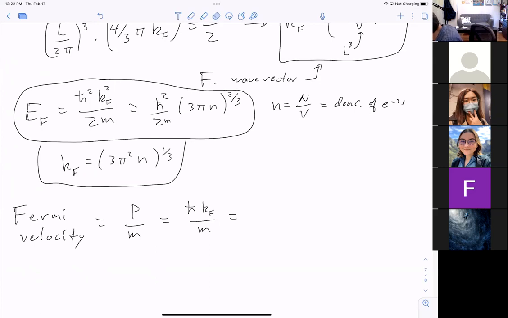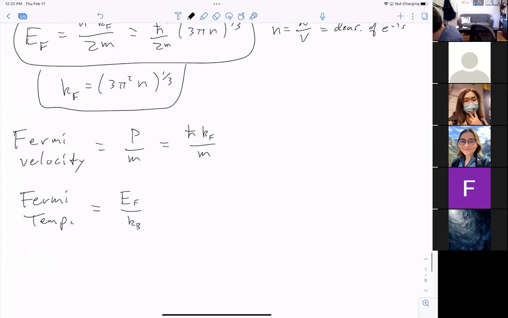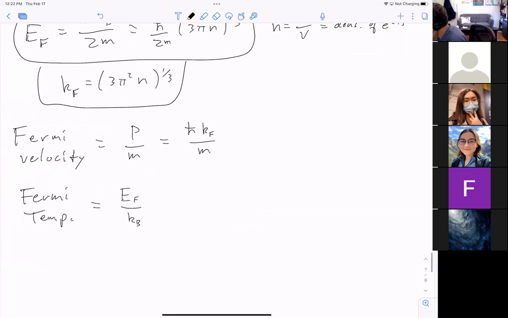That's the Fermi velocity. And I can also define the Fermi temperature. Man, he got a lot of things named after him. The Fermi temperature is just the Fermi energy in terms of degrees, divided by the Boltzmann constant. Okay, so these are all important things.